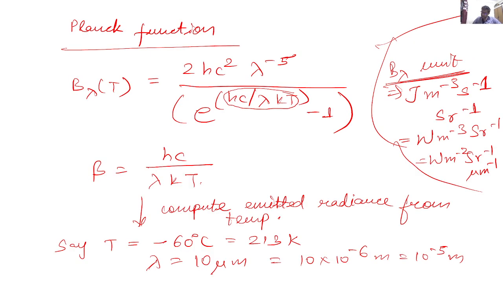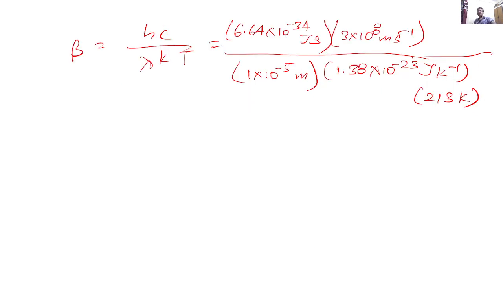So minus 60 degrees is equal to 213 Kelvin, because we only put absolute temperatures here in this chapter. So this comes out to be 6.77.